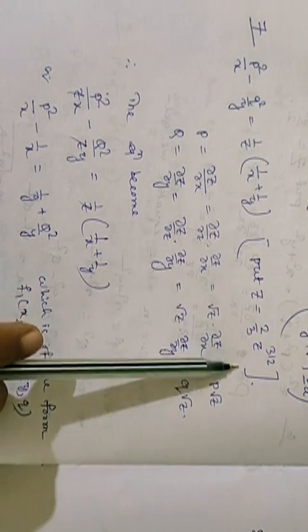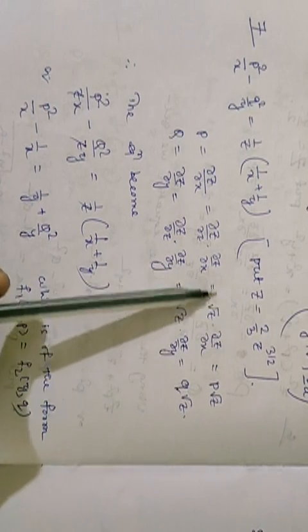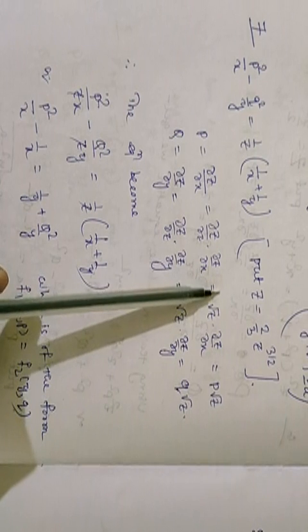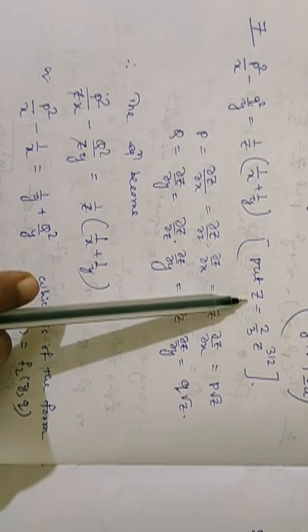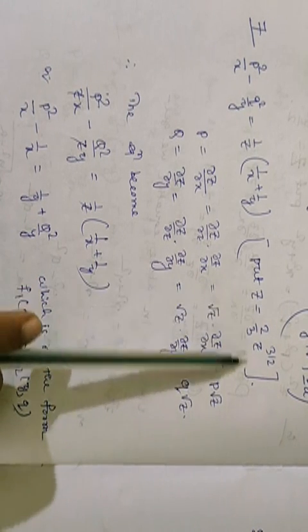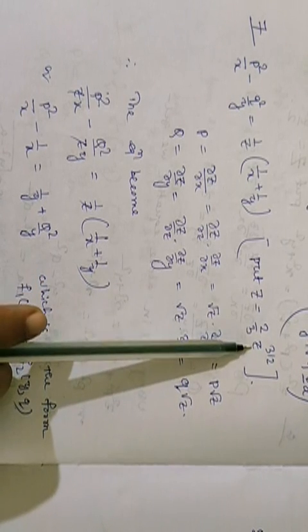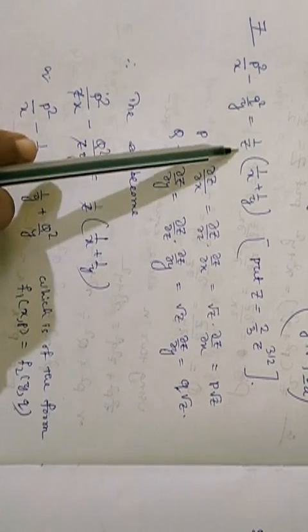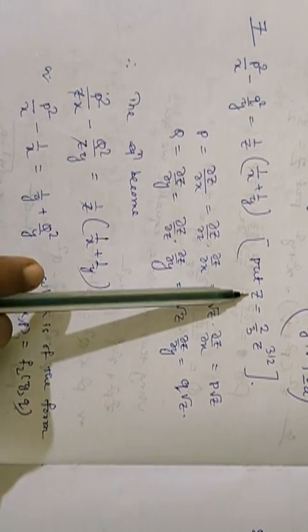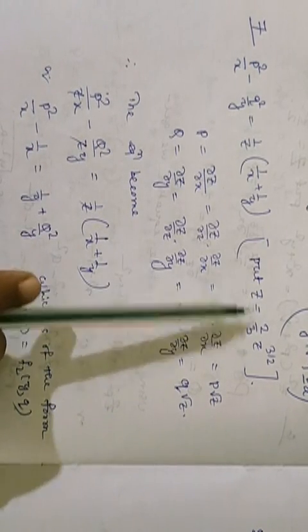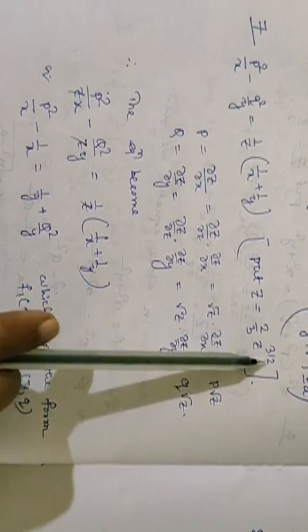Let us find the first partial derivative and use this substitution. This capital Z is a different variable from the small z present here, and capital Z is 2 by 3 z to the power 3 by 2.